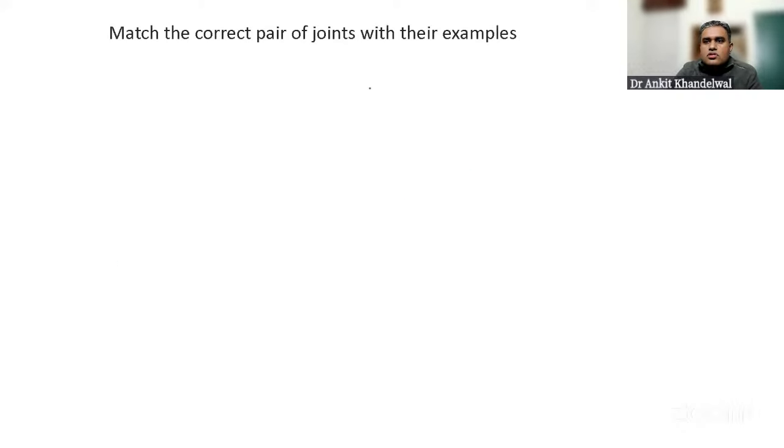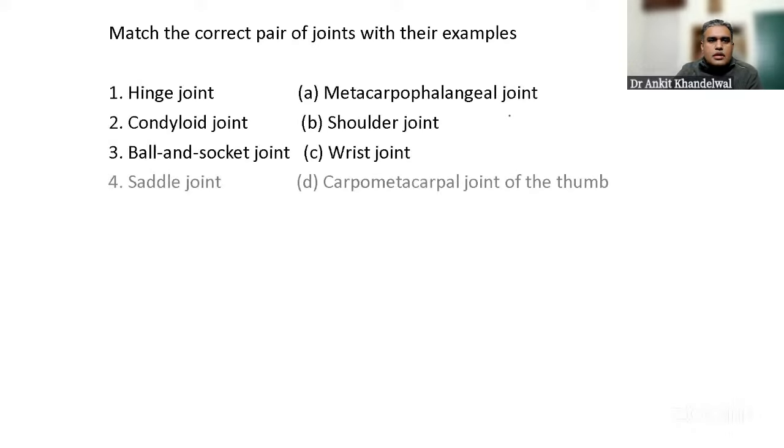Let us see more. So here the question comes like match the correct pair of joints with their examples. Let us see the various types of joints and their examples. The hinge joint over here. Yes, which is the hinge joint? Shoulder, carpometacarpal. There is no hinge joint over here. Condyloid variety. Condyloid is which one? Metacarpophalangeal. 2A. 2A is correct.